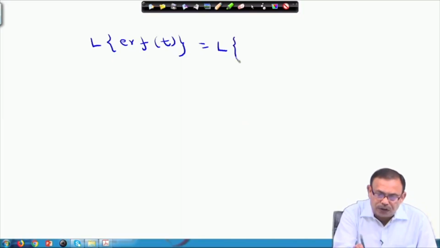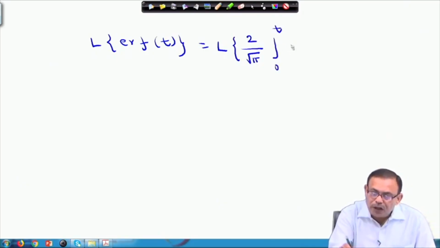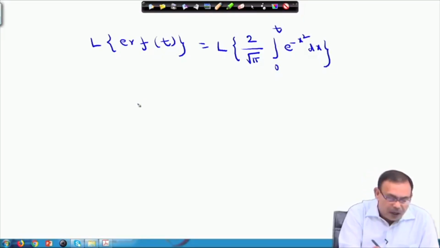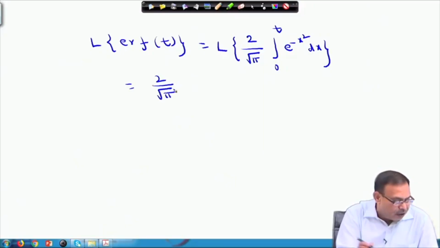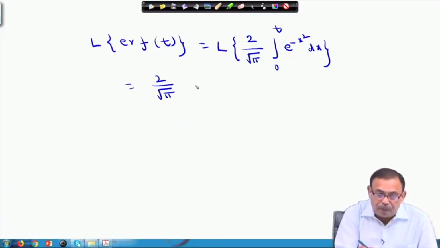So this equals Laplace transform of 2 by root pi into integral from 0 to t of e power minus x square dx, and this equals 2 by root pi; I can bring it outside using the integral theorem of Laplace transform. I can write it as 2 by root pi into 1 by s into Laplace transform of e power minus x square.